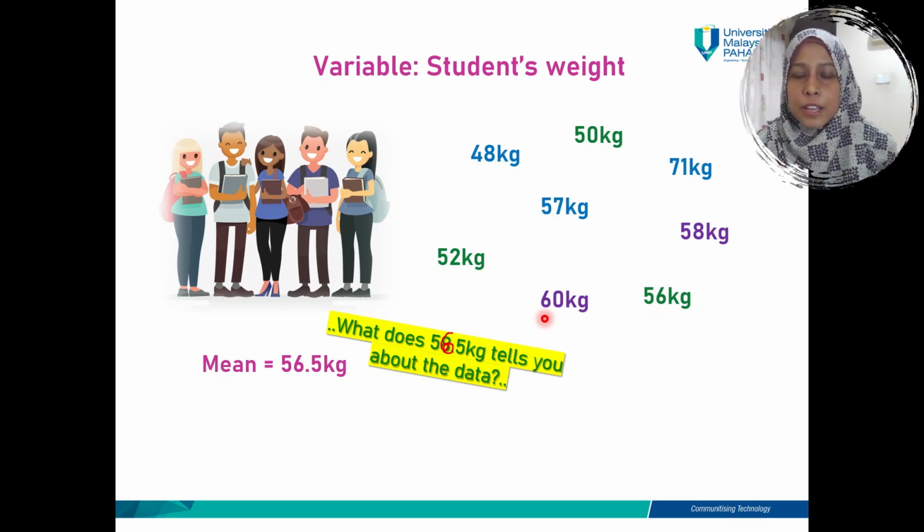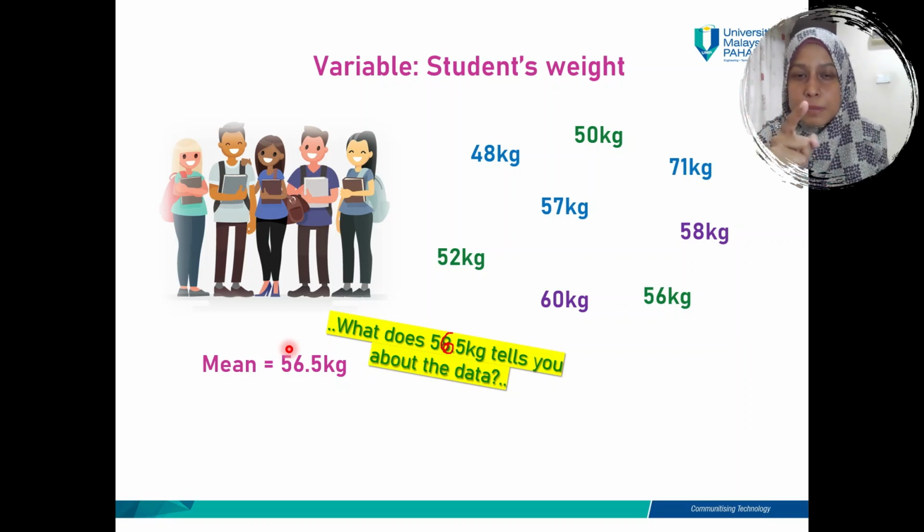You represent all these data values using one single value, which is mean, median, mode, or mid-range. That is how central tendency helps you to describe the data.